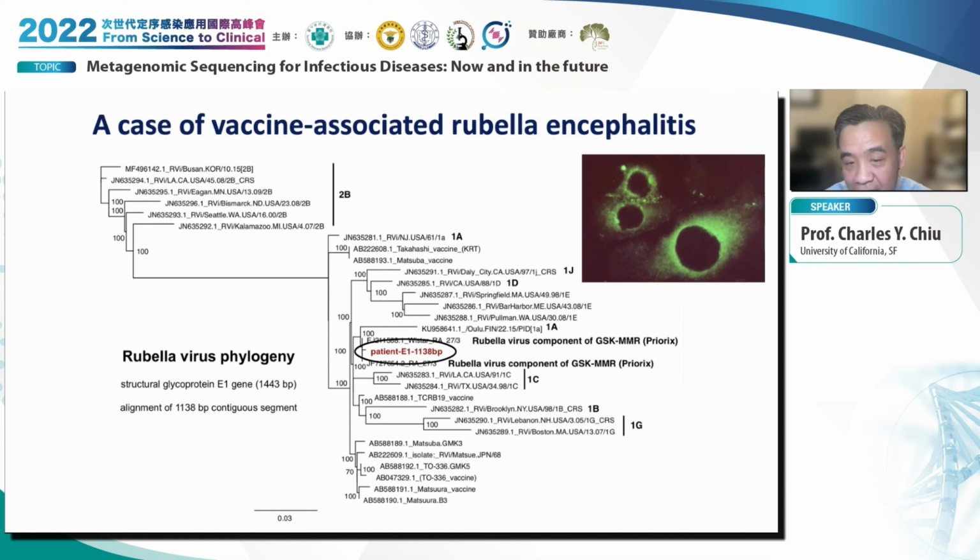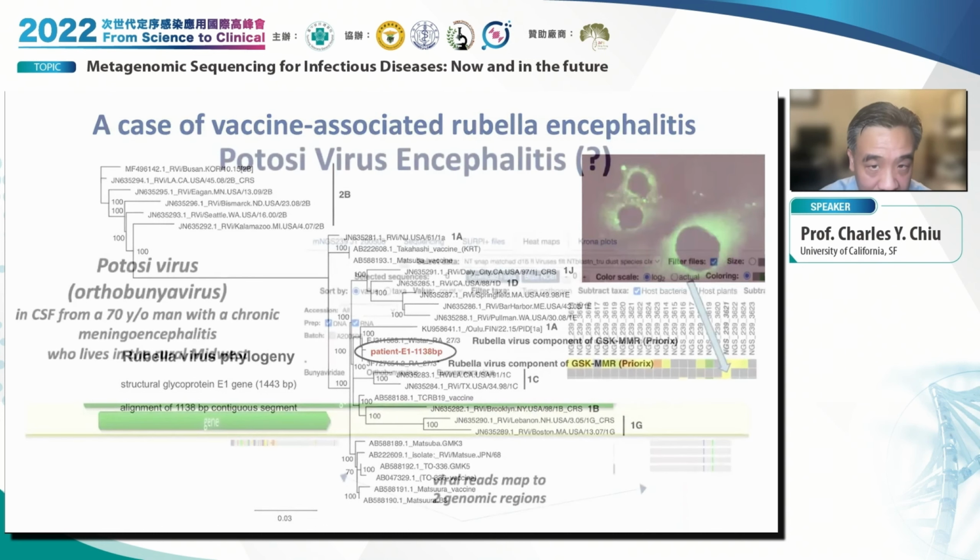She had received the rubella vaccine earlier and was later found to be immunocompromised. But the idea is that we were able to leverage metagenomic sequencing not only for detection, but also to sequence the rubella virus and place it phylogenetically on the tree.